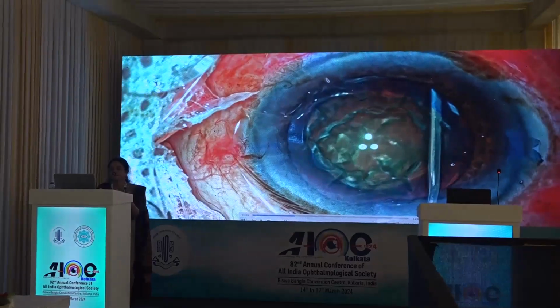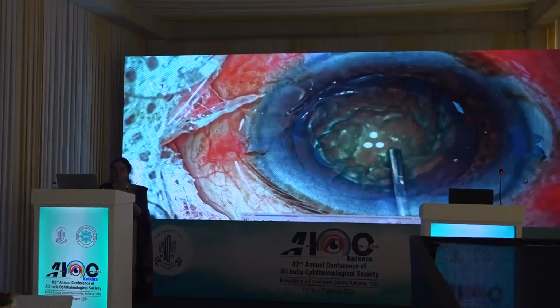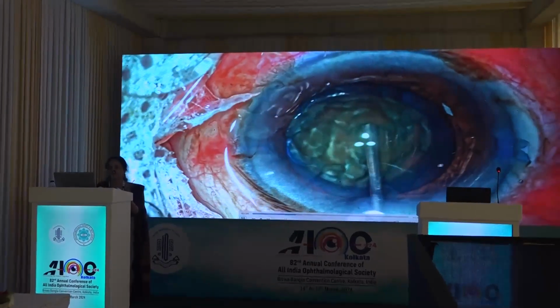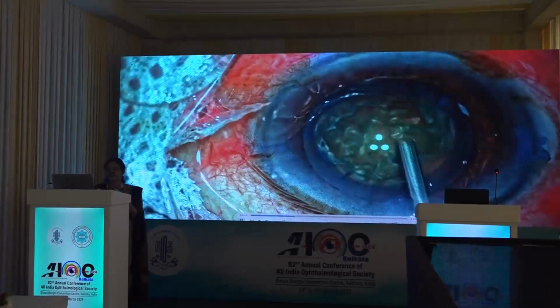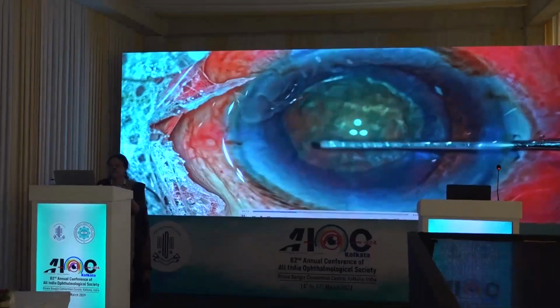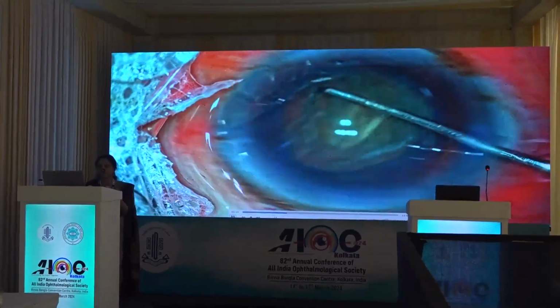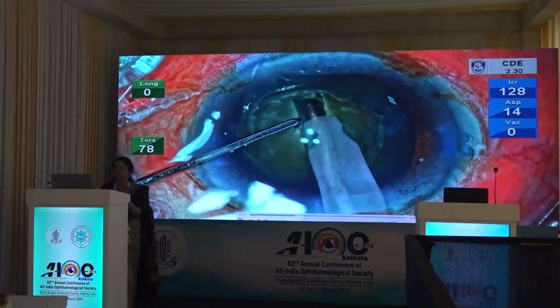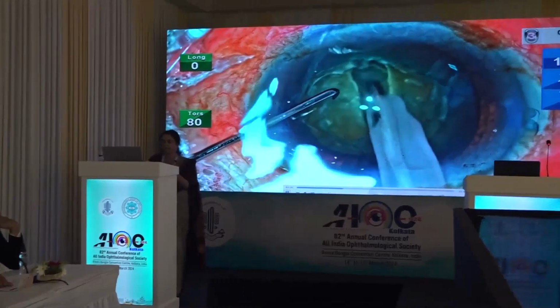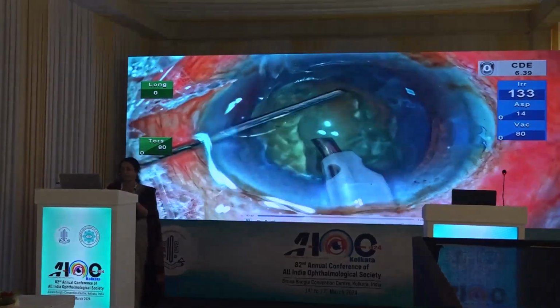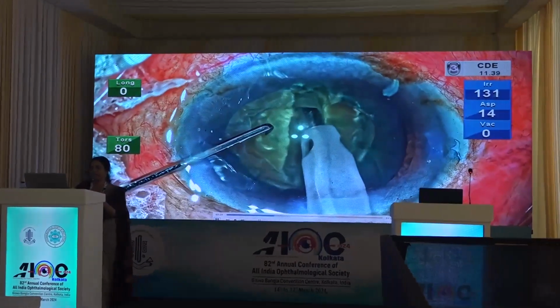Here, all the steps have gone smoothly. Hydrodissection, nucleus rotation, everything has happened very well. As we can see, the rotation of the nucleus is easy. Each of the fragments, the sculpt, is being done. The stop and chop technique is being carried out here.